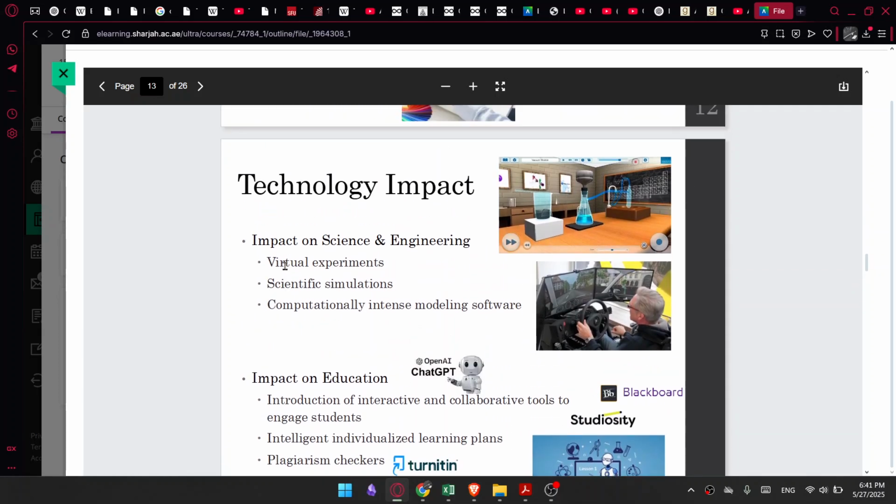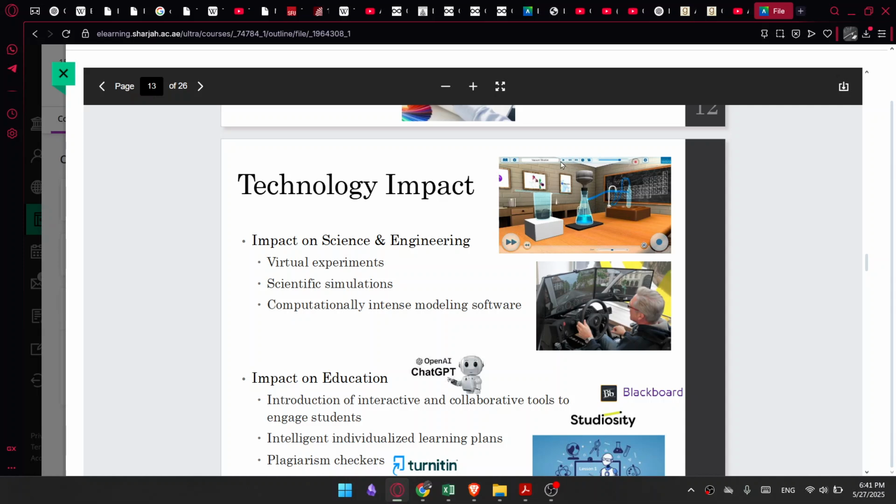Technology impact on science and engineering. For science, scientists can use technology to run simulations.